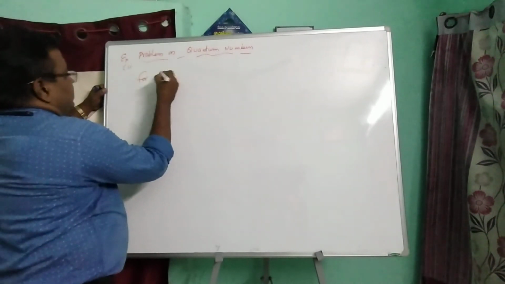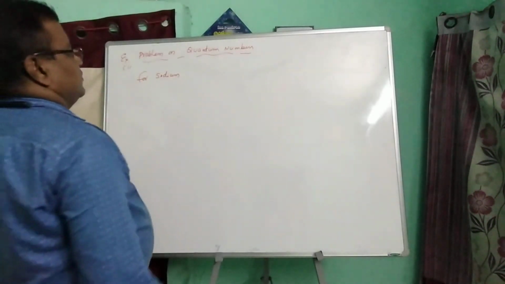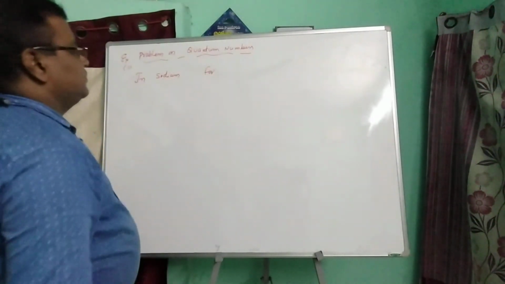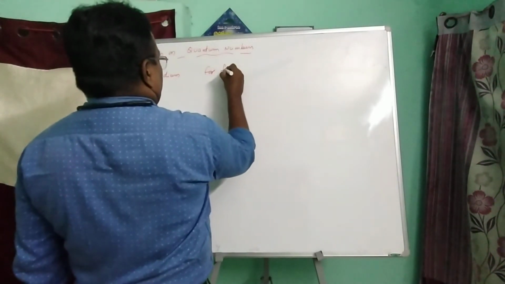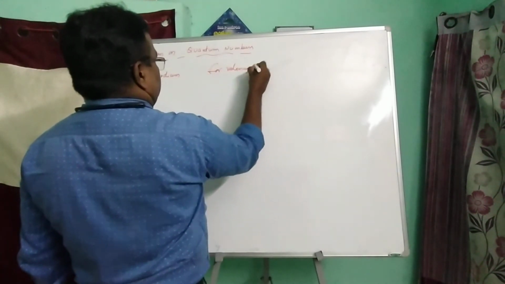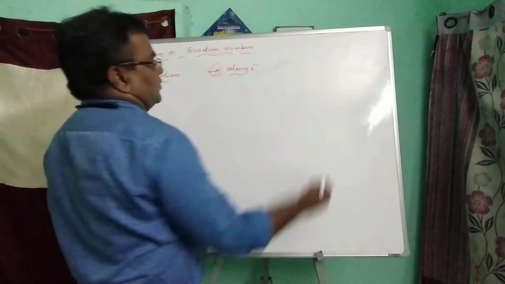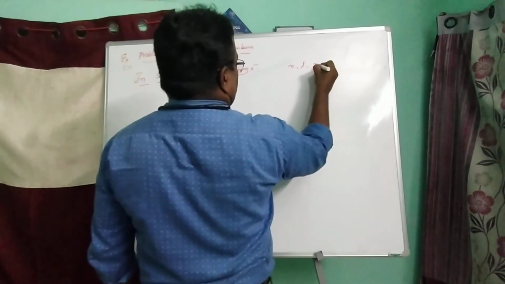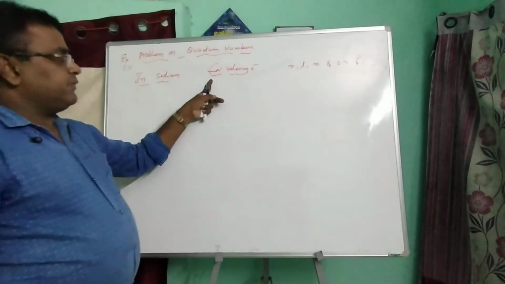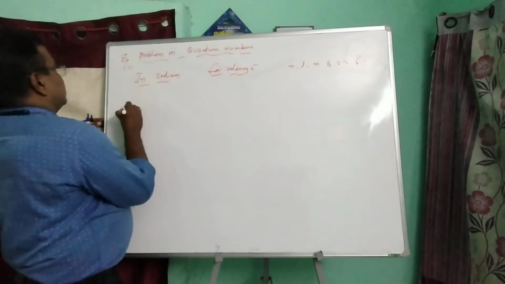For sodium, for the valence electron in sodium, what are the 4 quantum numbers? N, L, M and S.